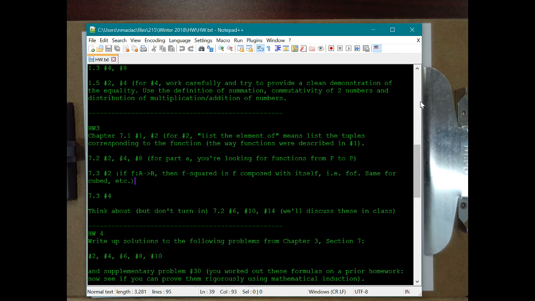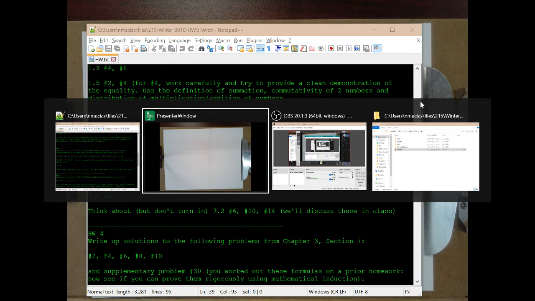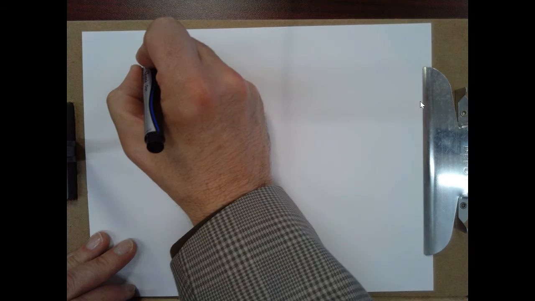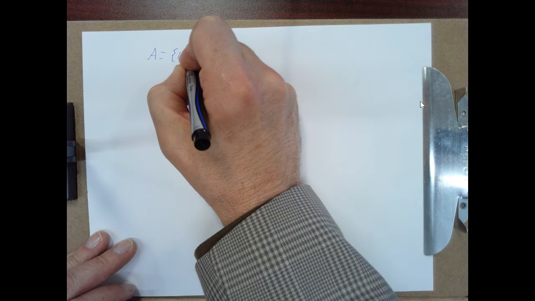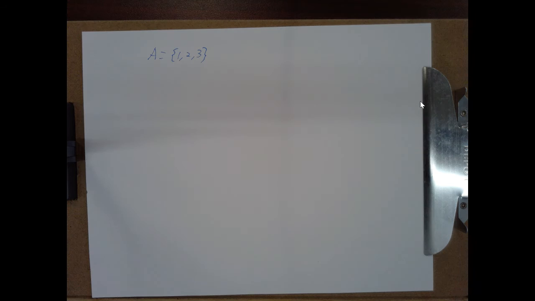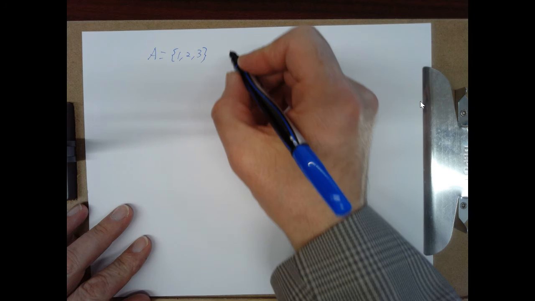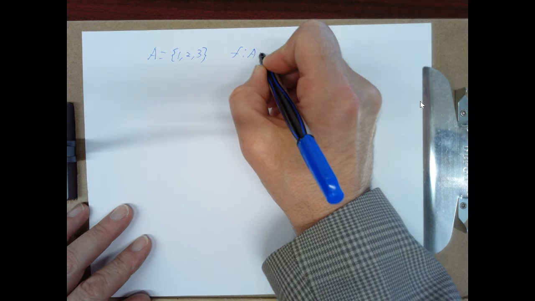let A be the set {1, 2, 3} and define f from A to A by, and it tells you what the function values are. So we've got the following setup. A is a set with 3 elements, and f goes from A to itself.